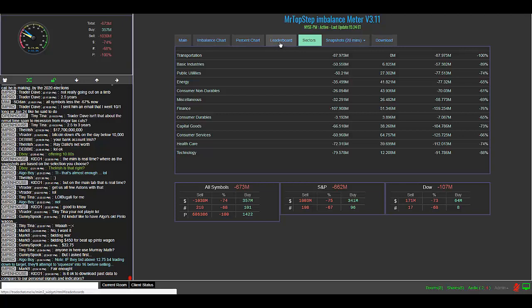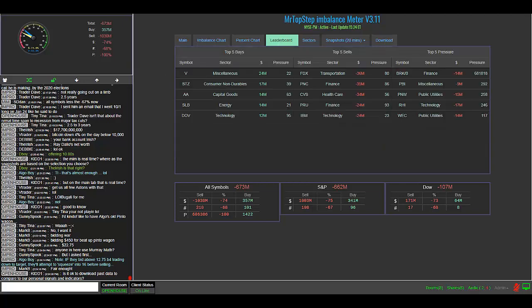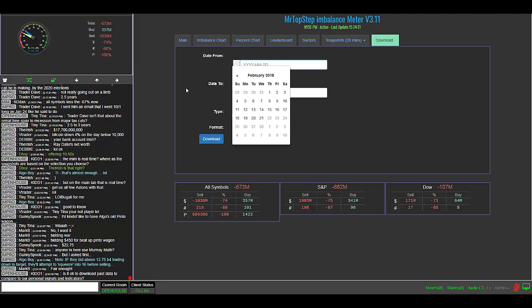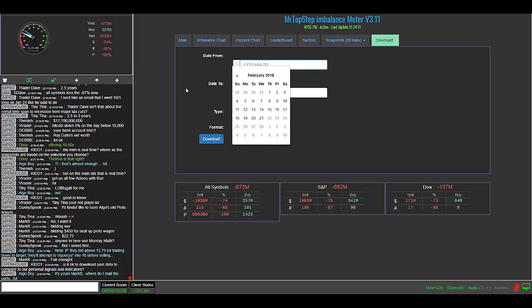Yeah, so help yourself to download data. It's in CSV format, so you can go back. I think April 2015 is the first date.